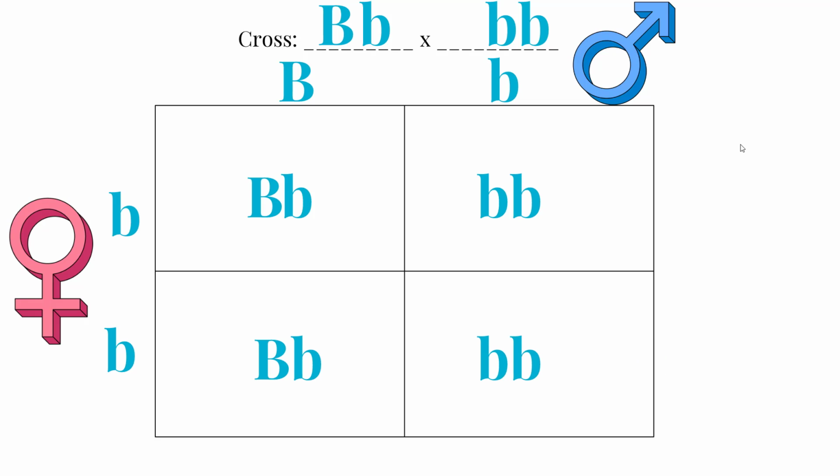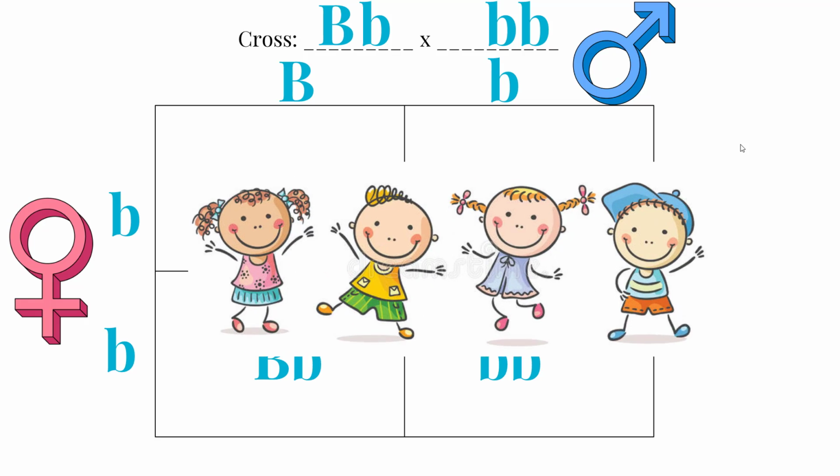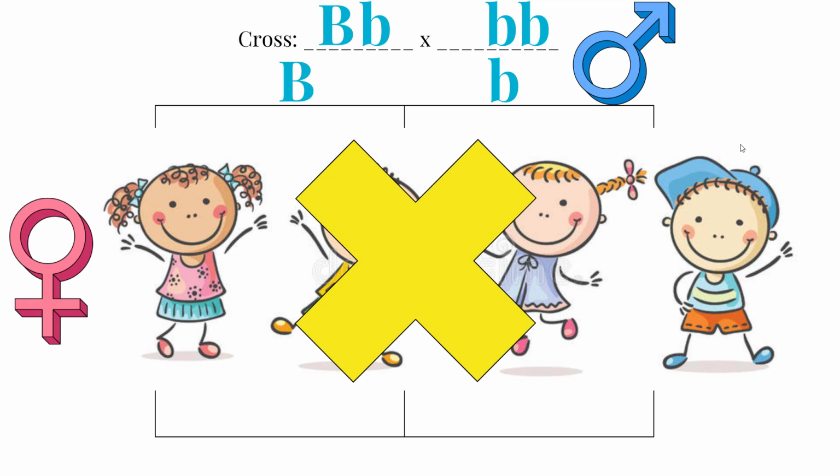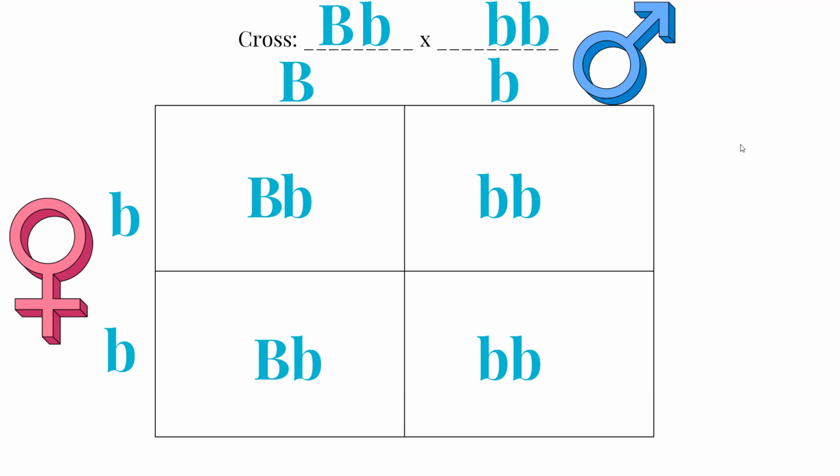So what does this all mean? It does not mean that these parents are guaranteed to have 4 children. The Punnett square gives us the probability of inheritance of a particular trait each time the parents reproduce. If we look at the genotypes or the letter combinations in each box, there is a 2/4 or 1/2 chance that the offspring will be big B, little b, which means they will have brown eyes.